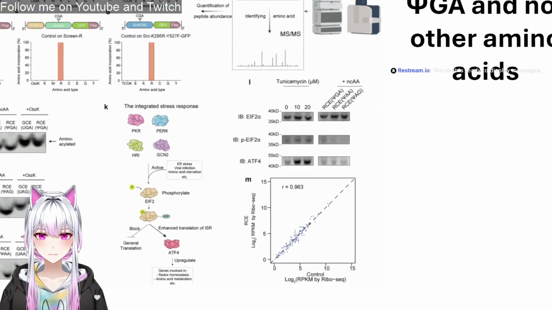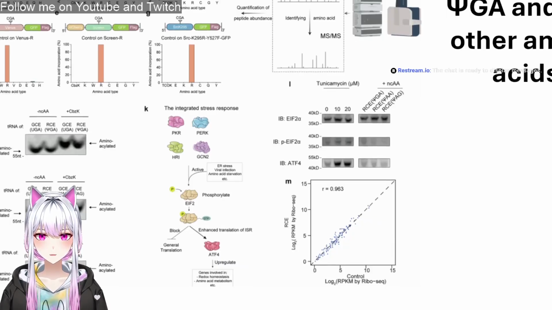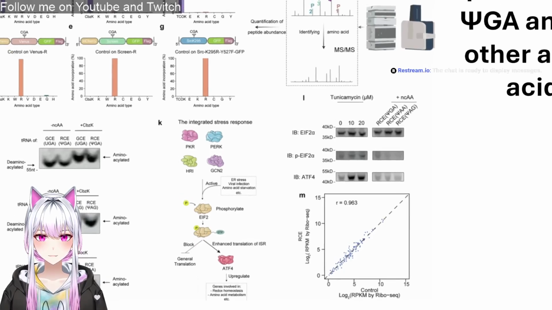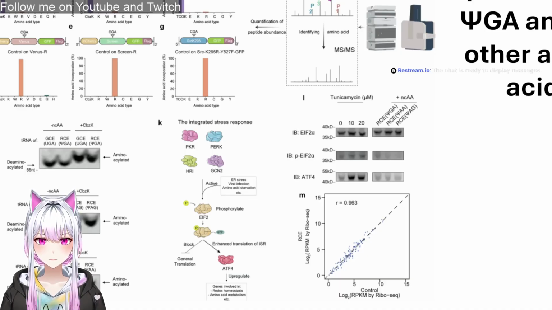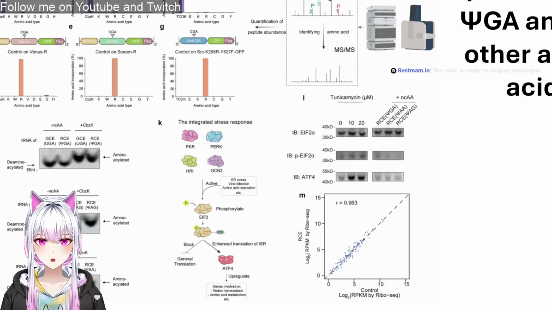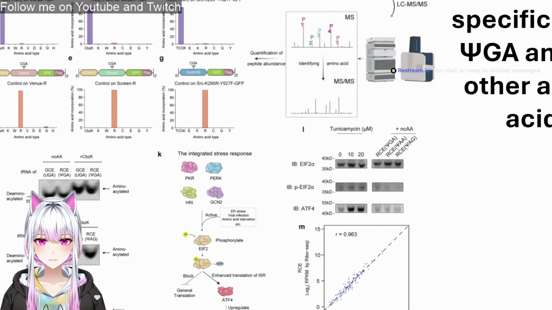Then they also want to check the stress response. They wanted to make sure that any of these mutations and occurrences do not cause stress to be activated within the system. When they check, you can see the translation level of these stress-related genes is generally not increased; they still generate the same.